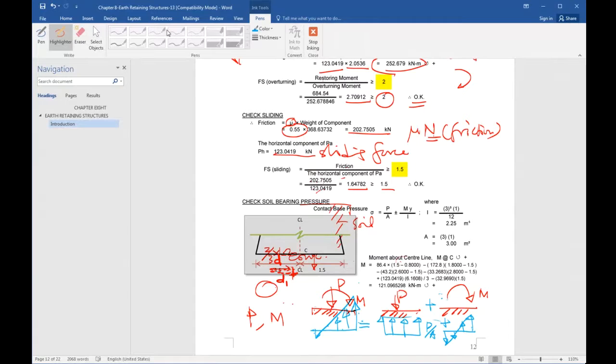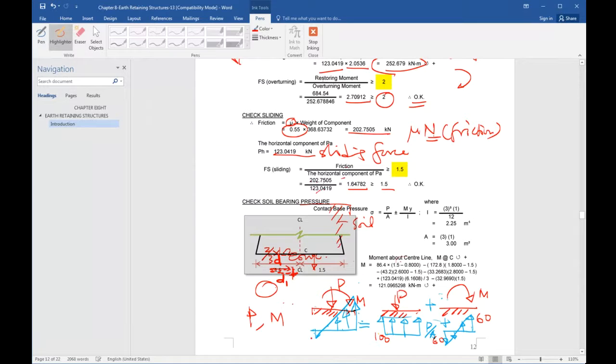Suppose that is, you know, let me take some figures. Suppose that is 100, and if that is 60, right? So that is 60.